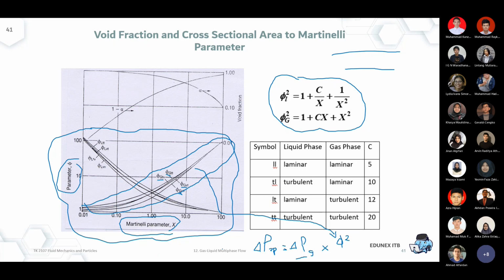So let's imagine previously the Lockhart-Martinelli square was calculated as delta P for liquid divided by delta P for vapor.